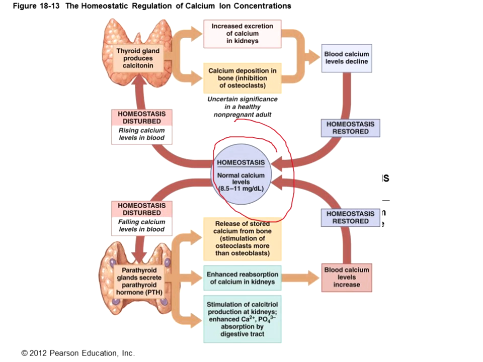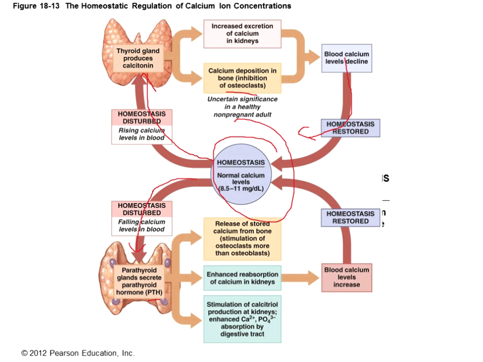And this slide, again, just demonstrates what we talked about. Normal blood calcium is 8.5 to 11 milligrams per deciliter. That's homeostasis. If the amount of calcium in your blood gets too high, the thyroid gland can produce calcitonin, which is going to help you lower blood calcium by inhibiting osteoclasts primarily and losing more at the kidneys. If your blood calcium gets too low, the parathyroid gland is going to release PTH.